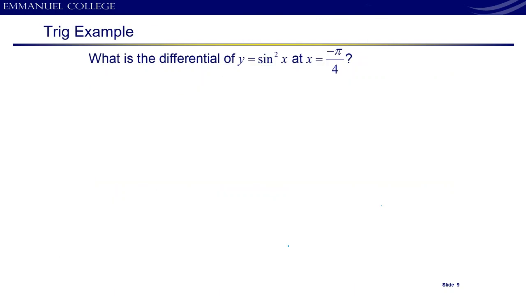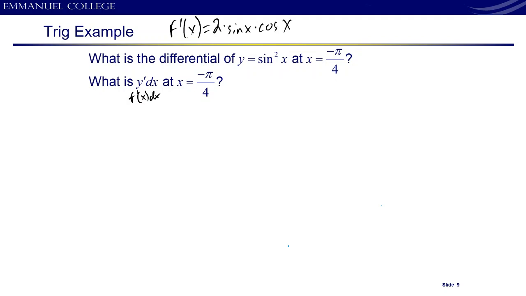So if we go back to our trig example, what's the differential at x equals negative pi over 4? Same as asking what's y prime of x dx or f prime of x dx at x equals negative pi over 4. Well, we already found f prime of x is 2 times sine of x times cosine of x.